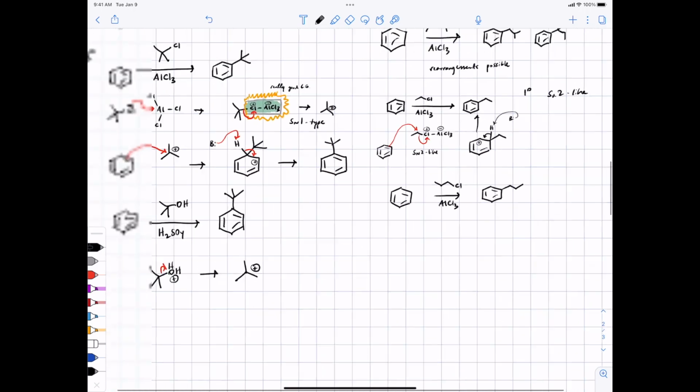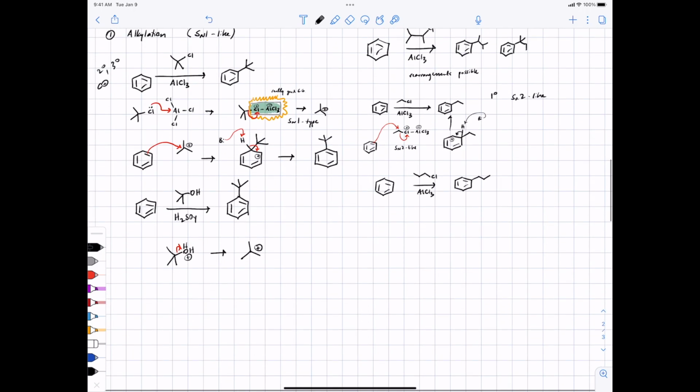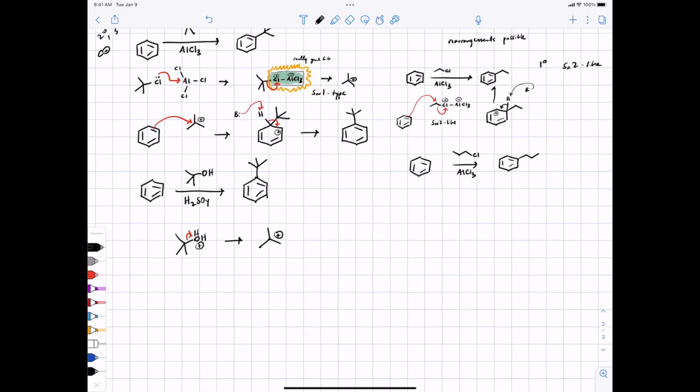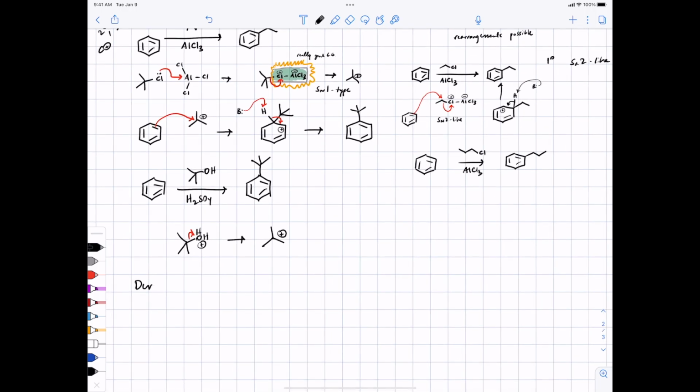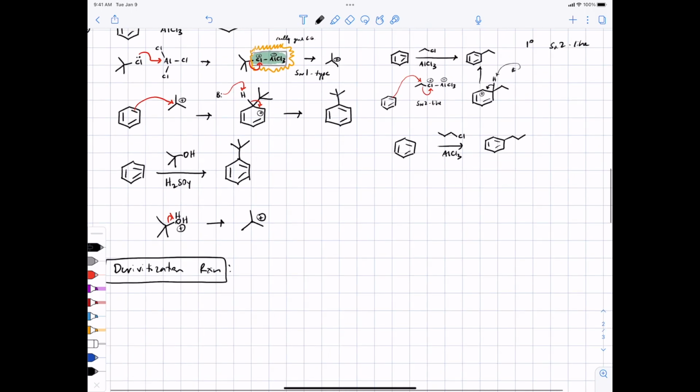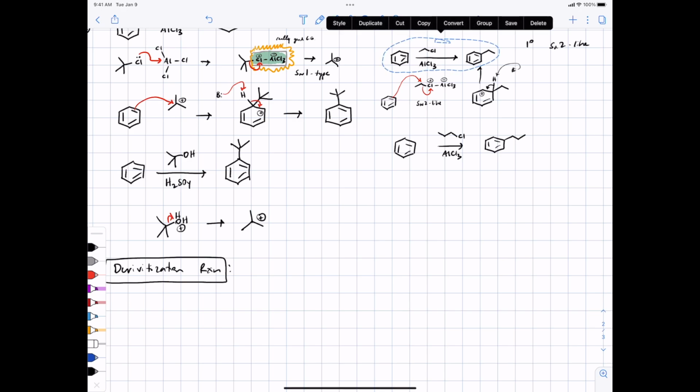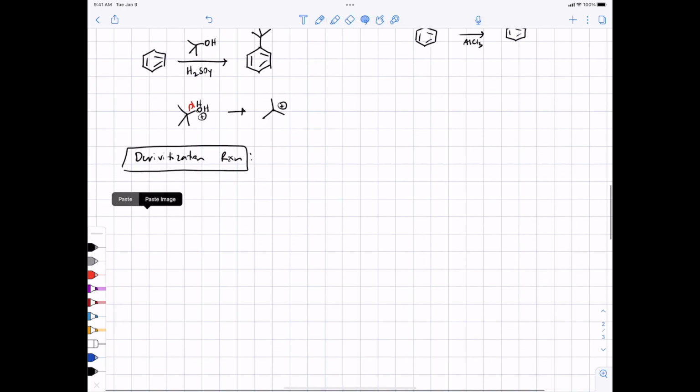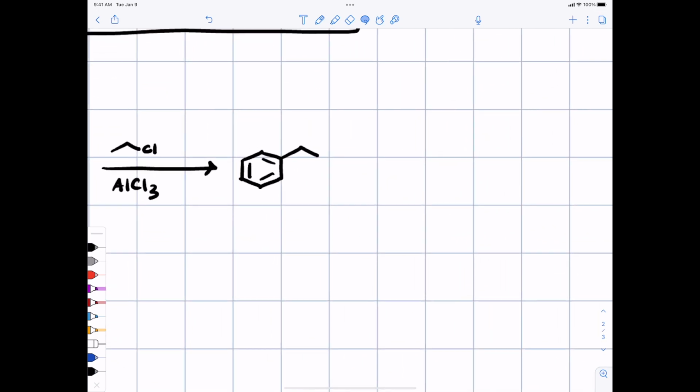Okay, let's talk about a derivatization reaction you can do with an alkyl benzene, to convert an alkyl benzene into something else. So let's just use this reaction where we've installed an alkyl group.